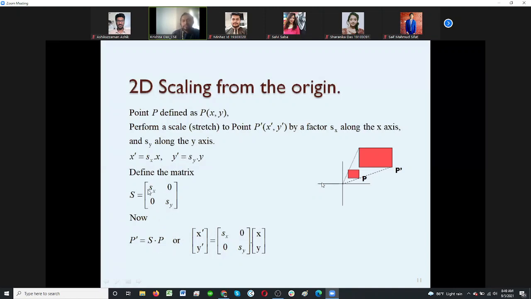As you can see, in the x coordinate it is s of x, and the y coordinate is 0 in that case, and the y factor changes the y coordinate. So if we multiply x and y as a column vector with this matrix, then we simply get x prime as s of x times x, and y prime as s of y times y.